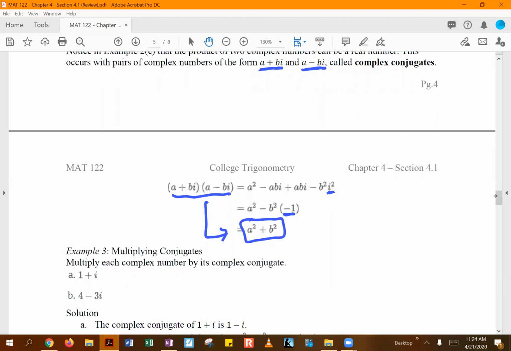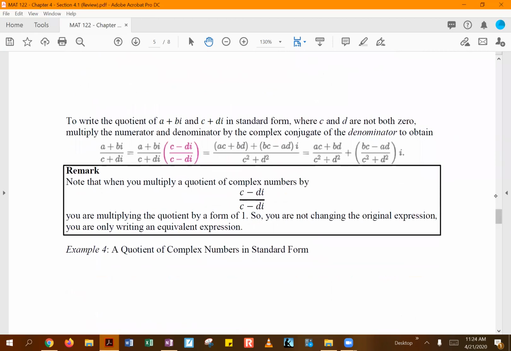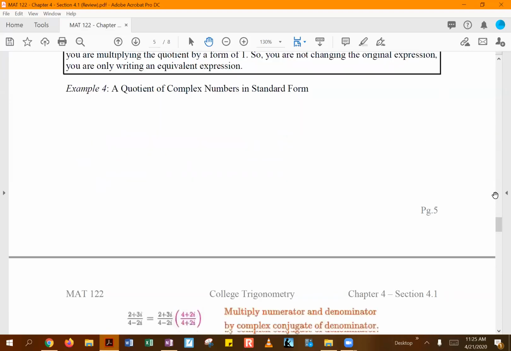This concept is used a lot when you are dividing two complex numbers. Whatever your original denominator was, we multiply both the numerator and denominator by its complex conjugate to simplify these quotients of complex numbers.